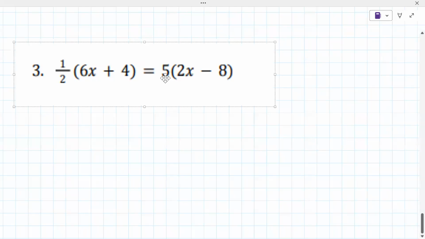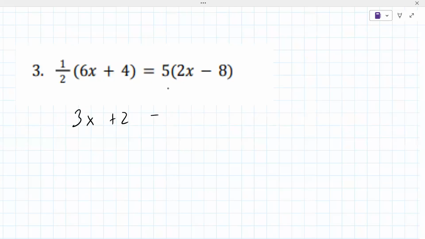And then X equals 6. Okay, good. You want to try number six here on your own?